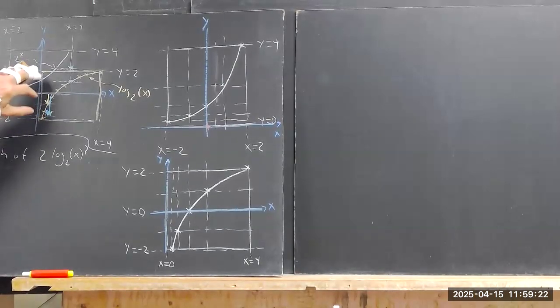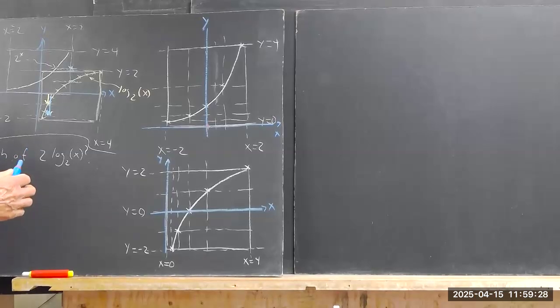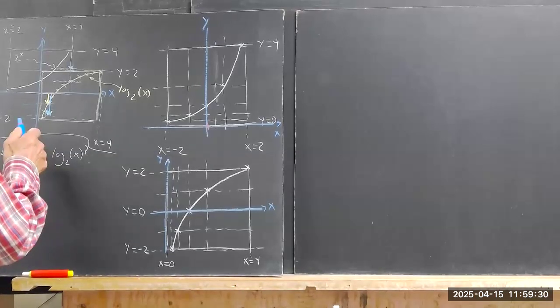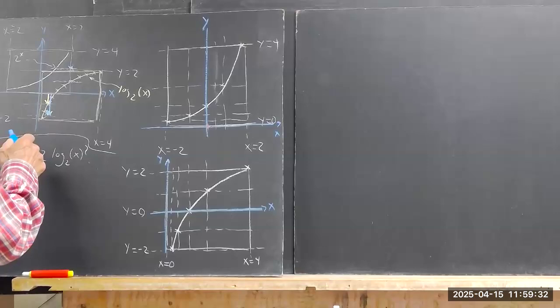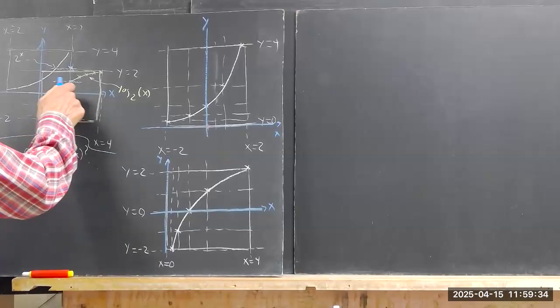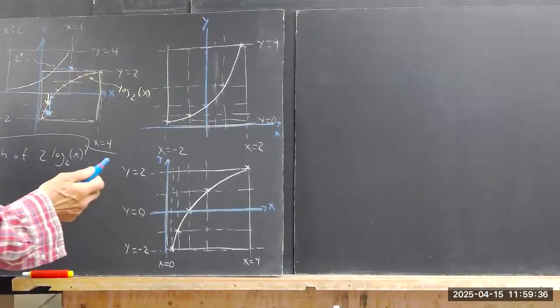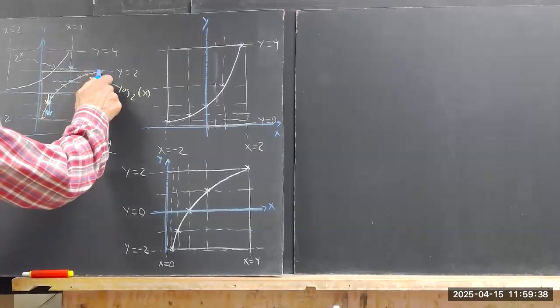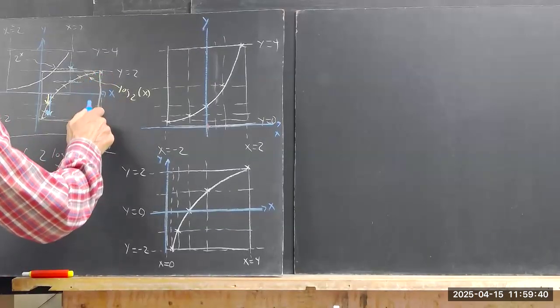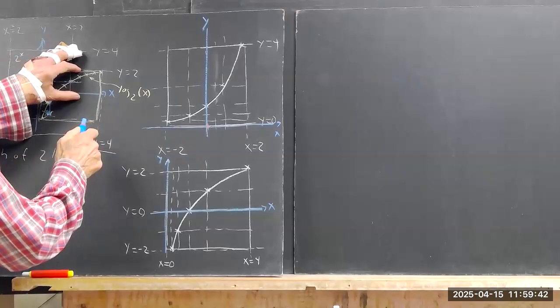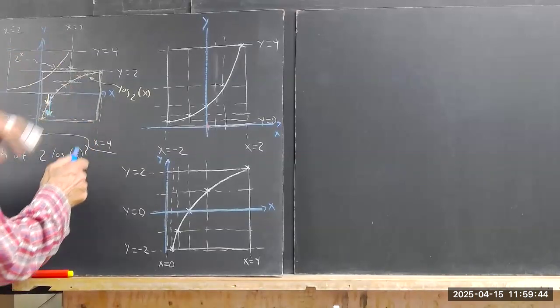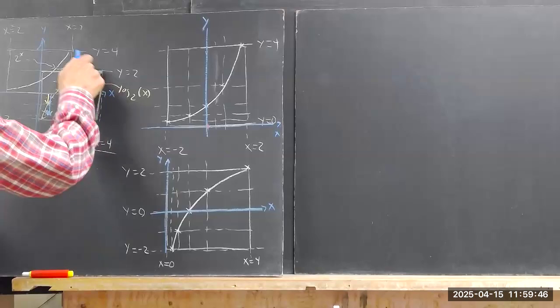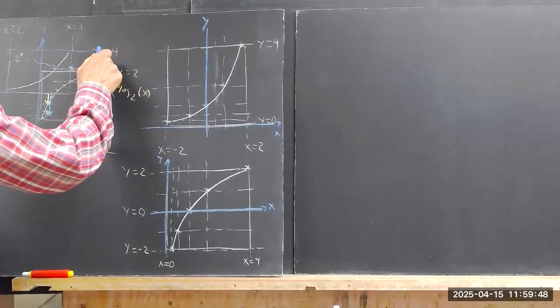So that this value is twice as big as this value. Okay. Now we could do that for all of these points. And we could use either arrows or horizontal lines, but it gets kind of messy. By the time we get out here, we know that we're going to have to go twice this far from the x-axis from this point. So that's going to put it up here on the y equals 4 line.